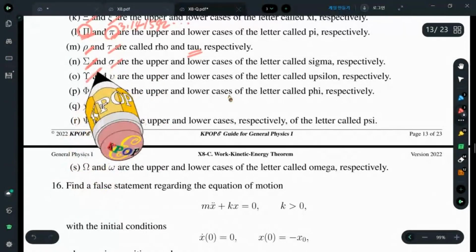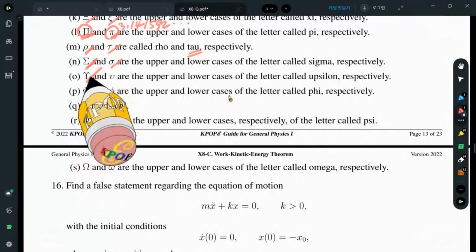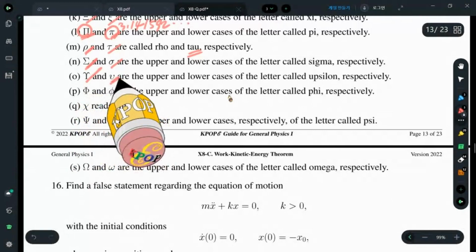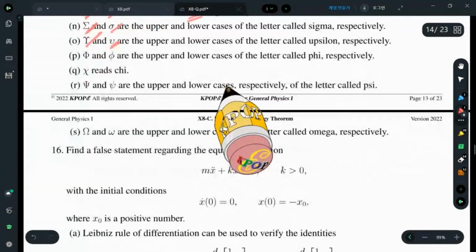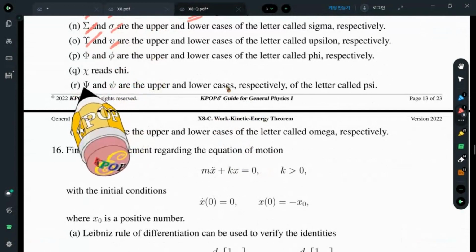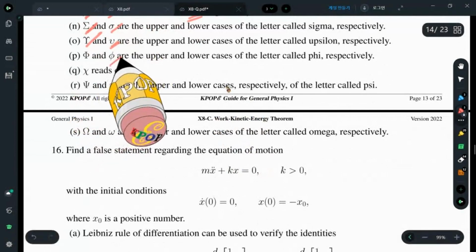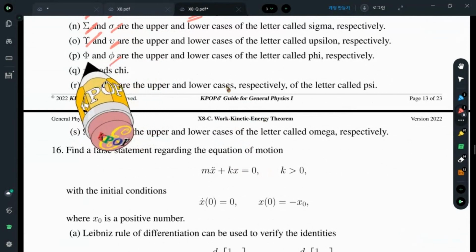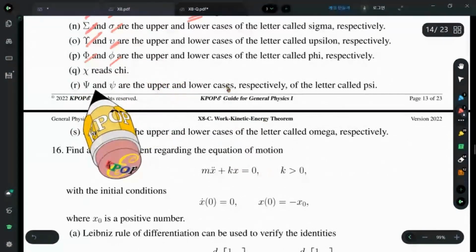This is Y. Upsilon represents a Y. And this is a small upsilon. It looks like a V, right? But it is actually a Y. And phi, especially used for the azimuthal angle, and capital phi.